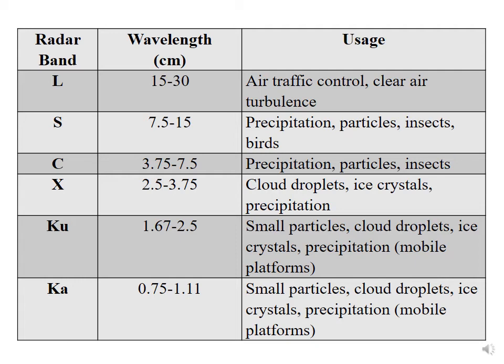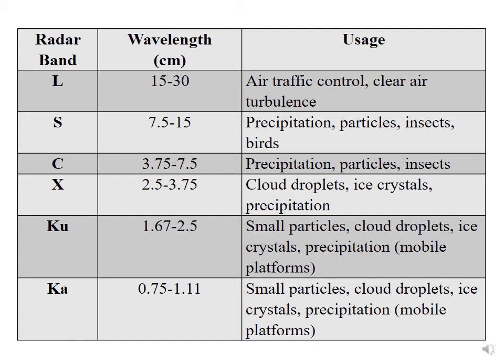The S-band, which is the normal National Weather Service WSR-88D, uses wavelengths between 7.5 and 15 centimeters. These radar beams are sensitive to precipitation. They can also be sensitive to particles in the atmosphere if they're large particles and near the radar. They can also pick up insects and birds.